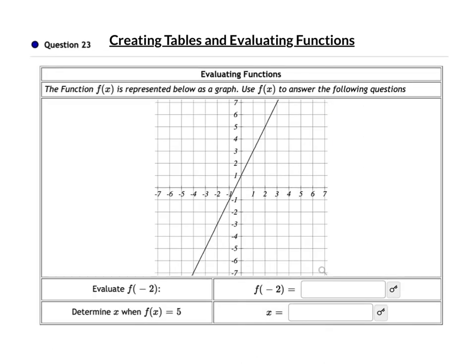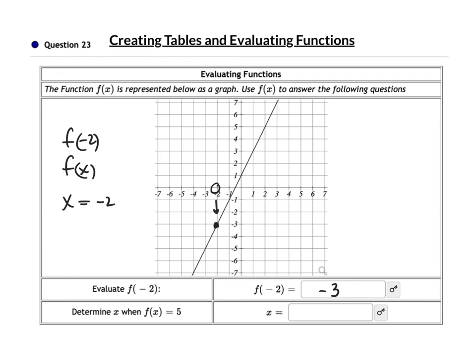Evaluate f of negative 2. F of negative 2, that's f of x, and x then is negative 2. So when x is negative 2, you're right there. You're going to go to your line, and that is the point we're talking about. So what is y? Well, y would be negative 3 at that point.